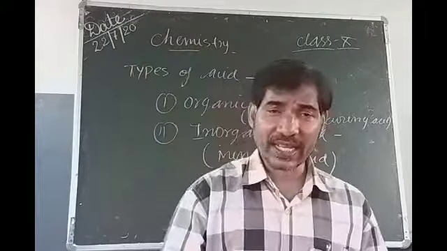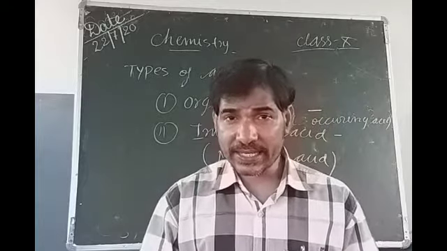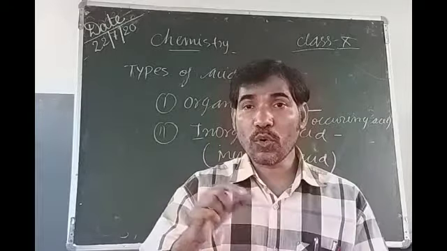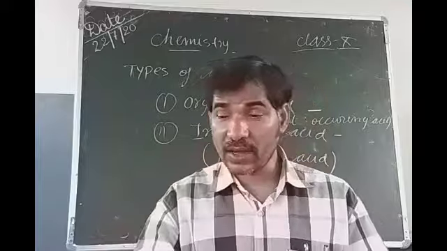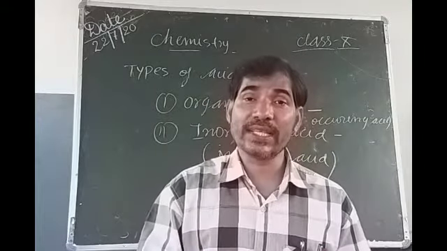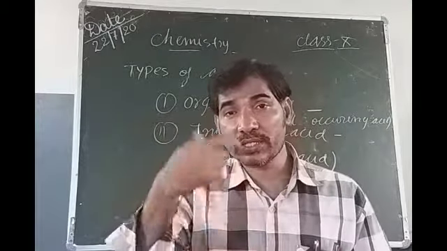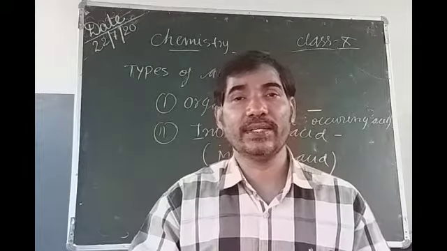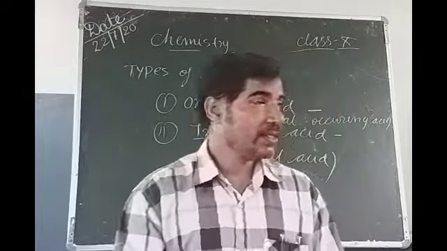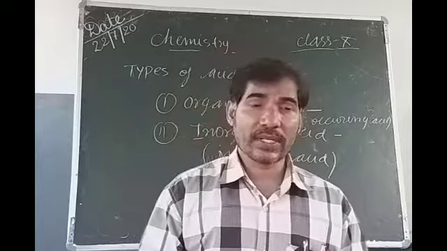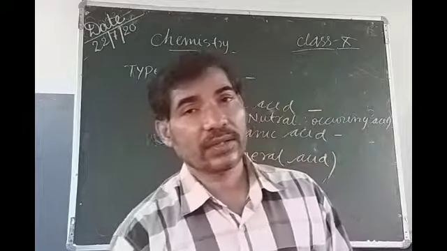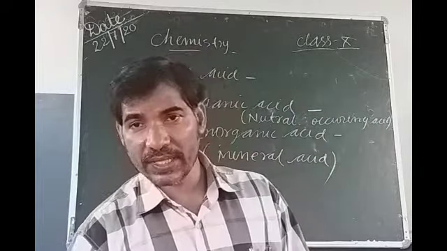Once again listen, concentrated acid has more concentration of acid in comparison to water, whereas dilute acids have more concentration of water in comparison to acid. So we have seen here the difference between concentrated acid and dilute acid.